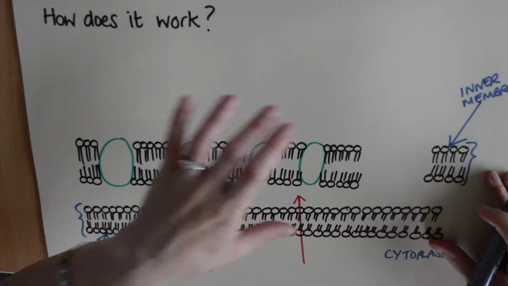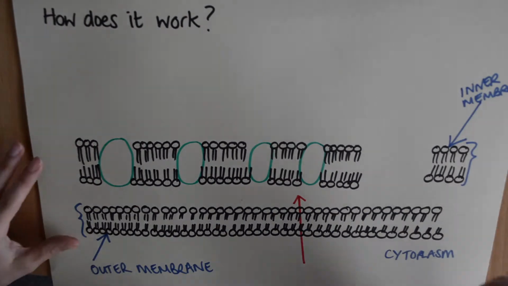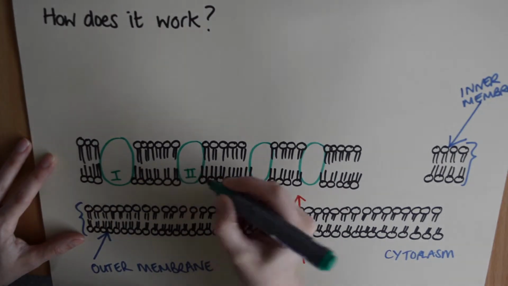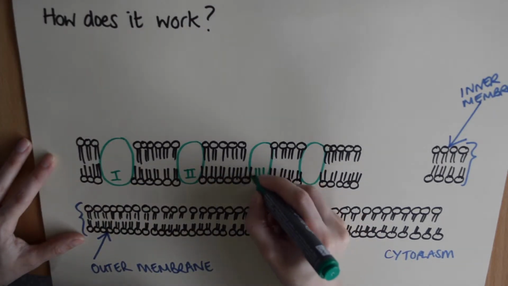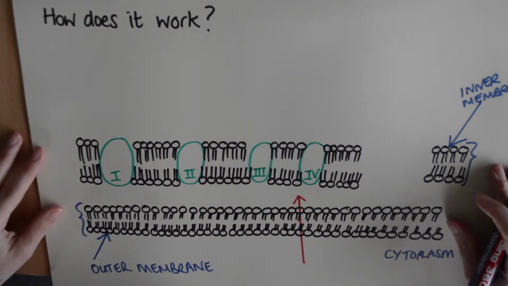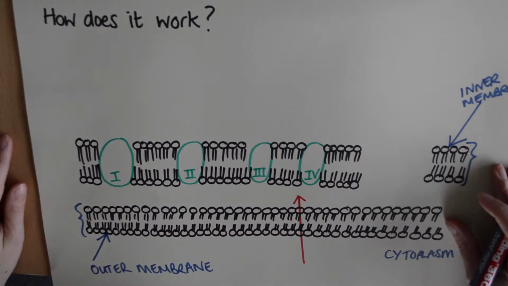Now, within the inner mitochondrial membrane, there are 4 types of electron carriers involved in this process: complex 1, complex 2, complex 3, and complex 4. Now, for the A-level OCR specification, you do not need to know the names of all these electron carriers.